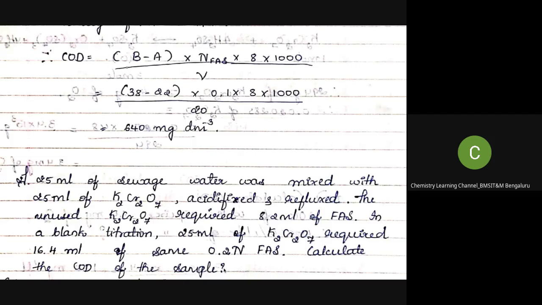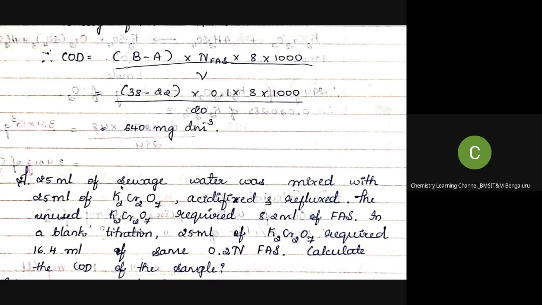So, water sample volume taken was 25 ml. The volume of the sample taken, whether it is sewage water or distilled water, we have to take the same volume. So that volume is 25 ml.